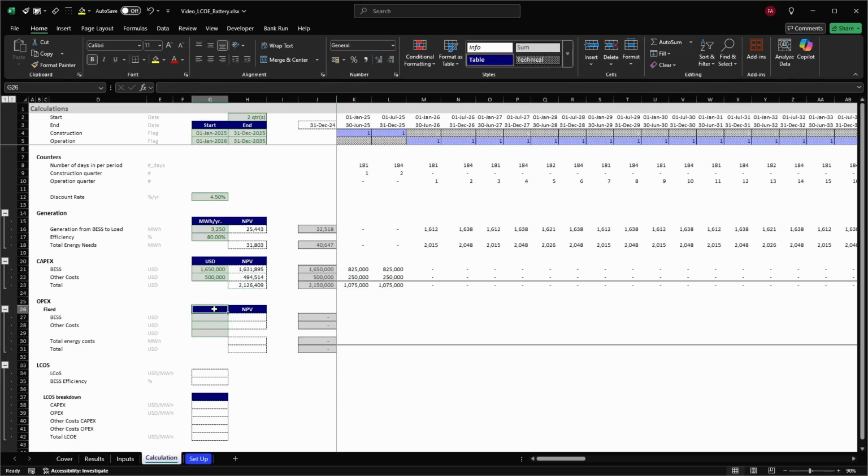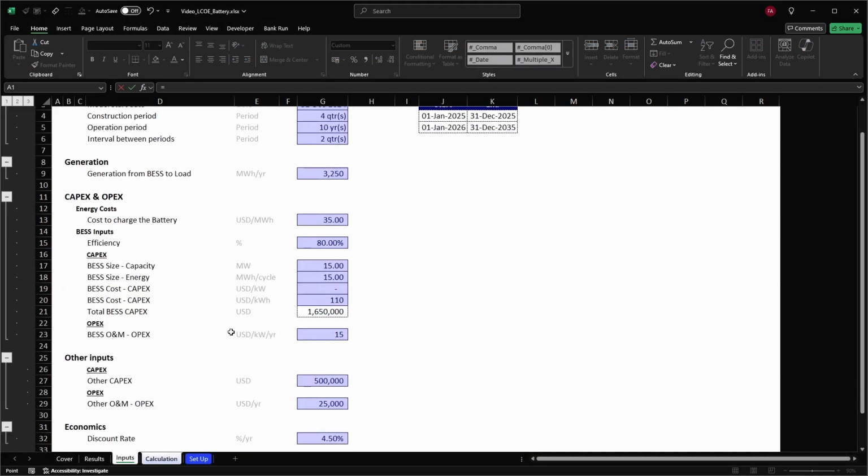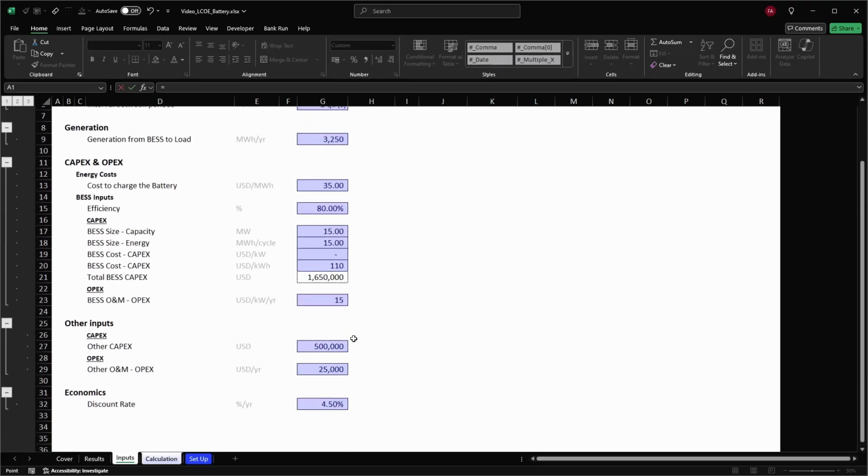So let's grab the opex. I think we have always cost per year. So what is the opex for the battery? It's going to be equal to, let me see over here, where's the opex? We have the opex over here, right? So it's going to be this number multiplied by how many kilowatts we have.